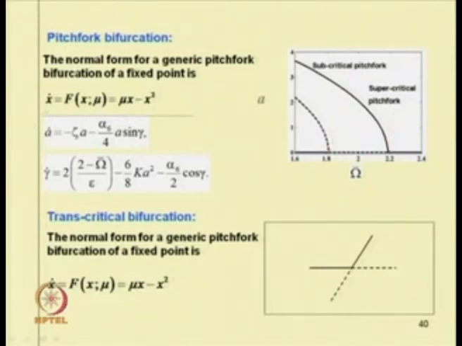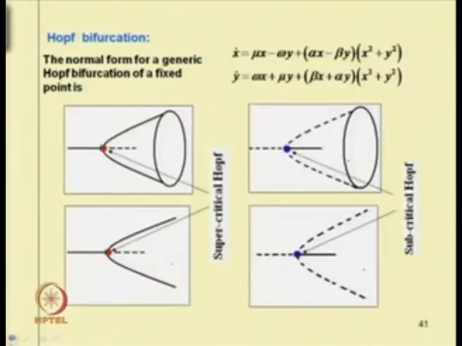In this case, let us take this example, x dot equal to mu x minus x square. By putting this equal to 0, we can write x into mu minus x.